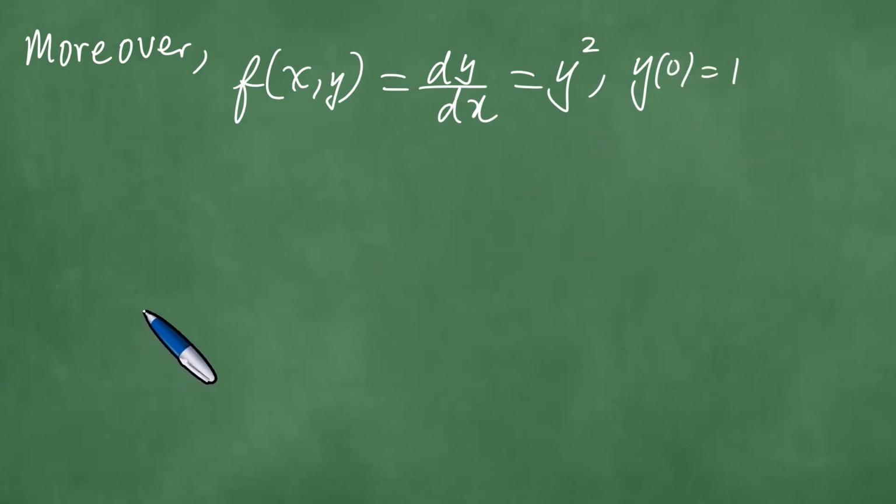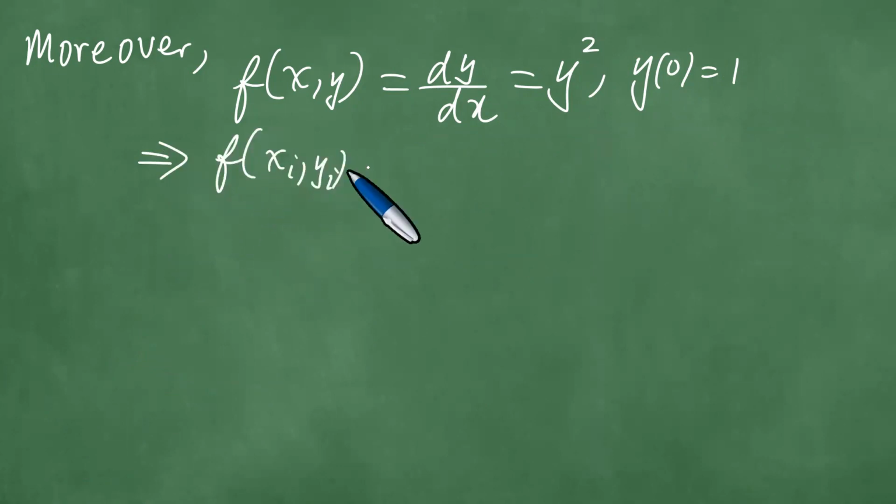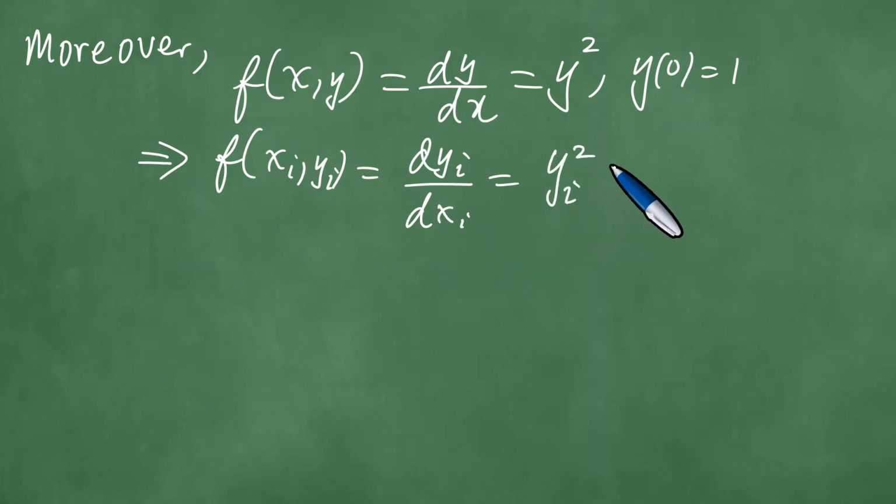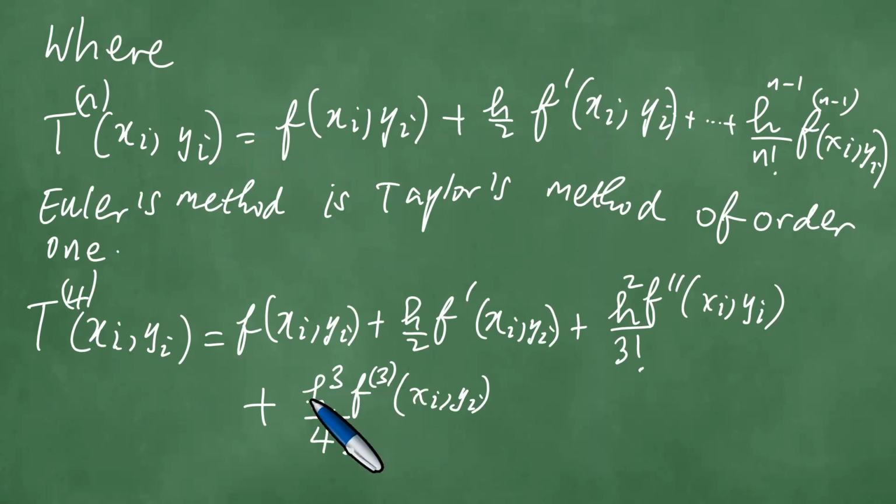Therefore, we continue to use this. What is the meaning of these? Well, we have f, x_i, y_i; these things appear. So this would mean we can do this in this differential equation. And that means a couple of things that we can substitute into this formula here. Right, let's just substitute into this formula for the fourth order Taylor polynomial.